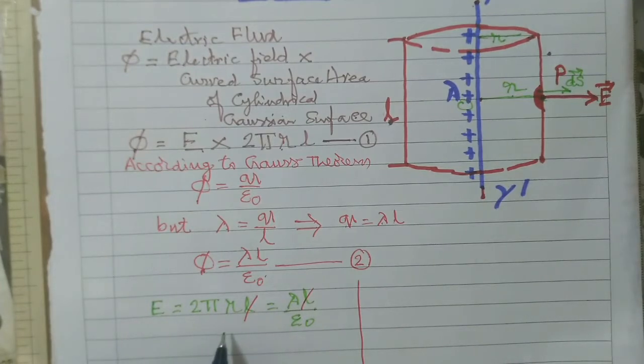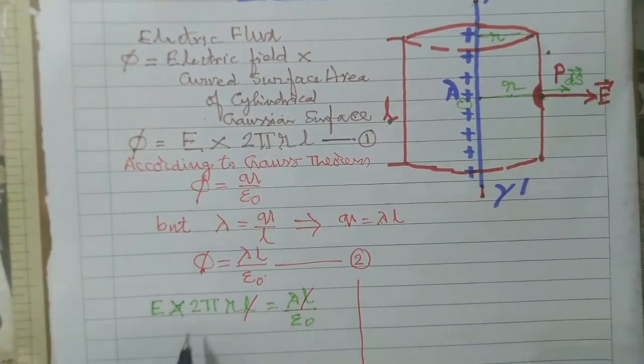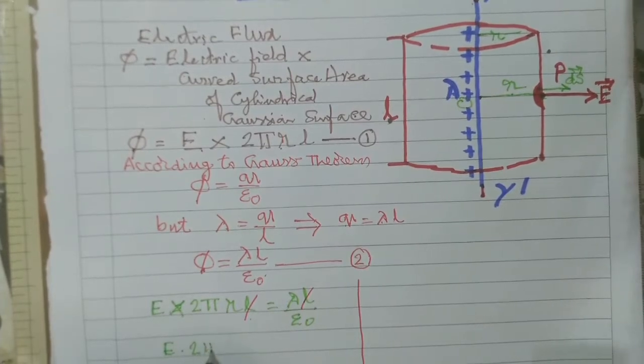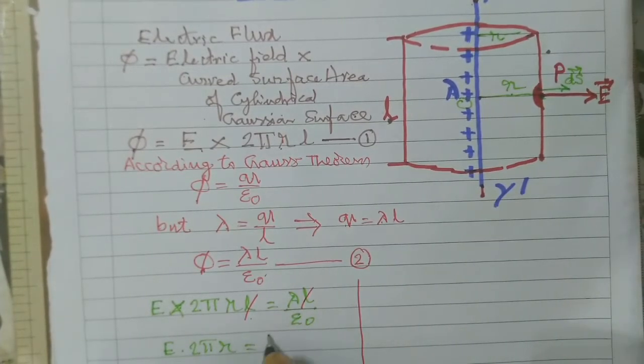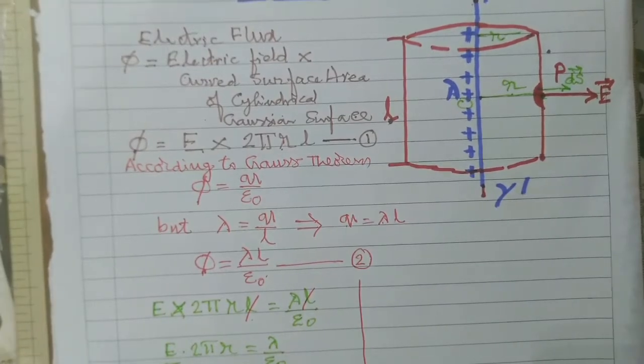Therefore, what is left here? E into 2 pi r is equal to lambda by epsilon 0. Our aim is to find E. Therefore, you write it as E is equal to lambda by 2 pi r epsilon 0.